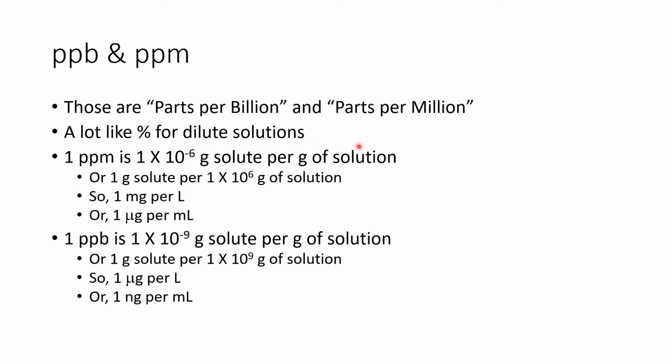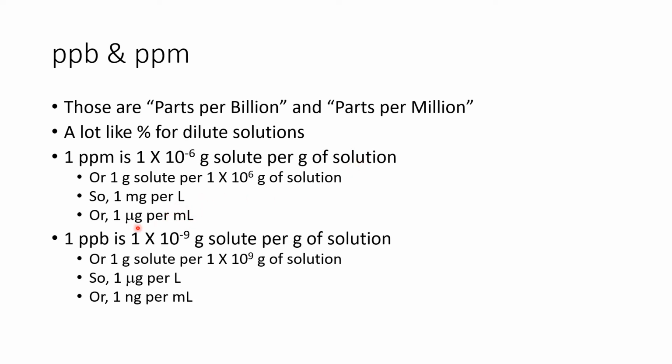of solute per gram of solution. So like 1 gram of solute per million grams of solution. And I went ahead and mixed these here, not on purpose. I just did it because usually this is not really corrected for mass, and you're talking about milliliters instead of grams.